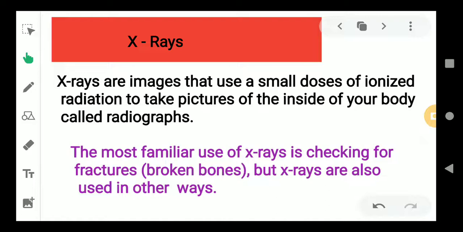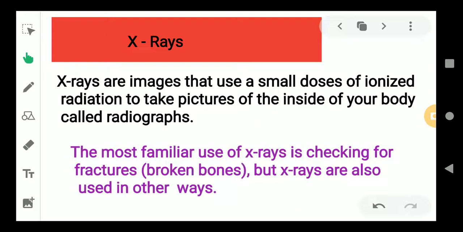X-rays are images that use small doses of ionized radiation to take pictures of the inside of your body, called radiographs. X-rays are a type of capturing images by using small doses of ionized radiation to see the inner portion of our body.